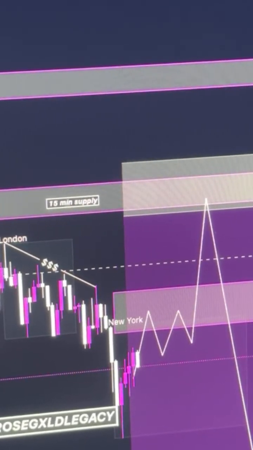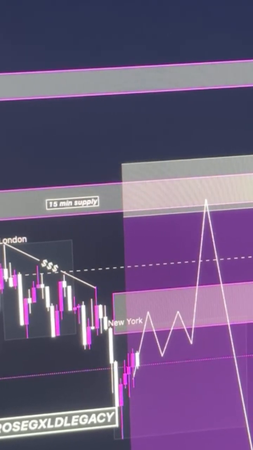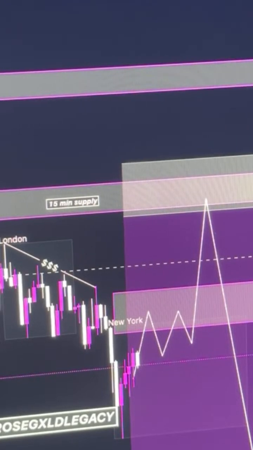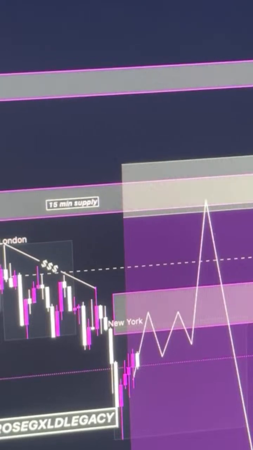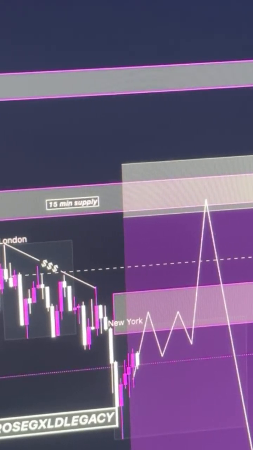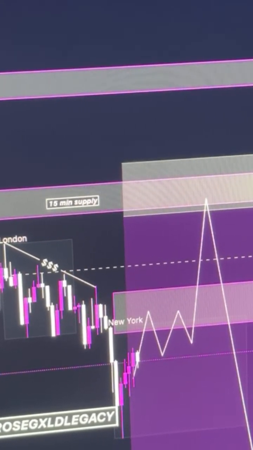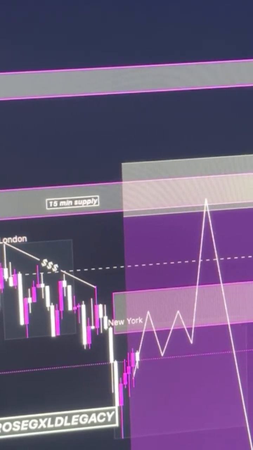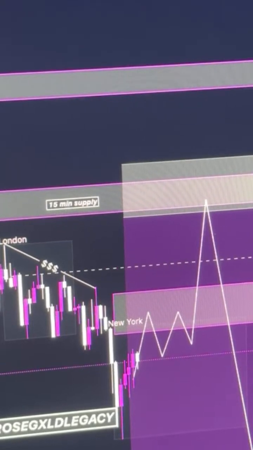So we have to leverage a prop firm, bruv, and just try to get as much as possible. Nothing wrong with that, my father.